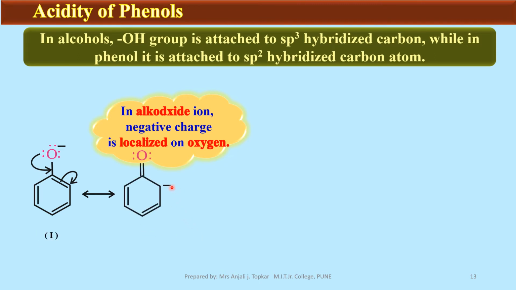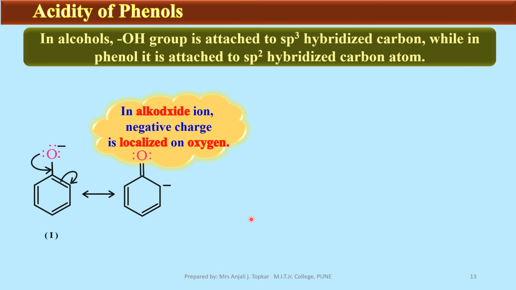Likewise, this electron pair moves here, and as the electron density increases, this double bond breaks and the electron goes to this para position carbon atom, giving rise to negative charge. And thus the third resonating structure is obtained. This negative charge now moves here as there is a lack of electrons.